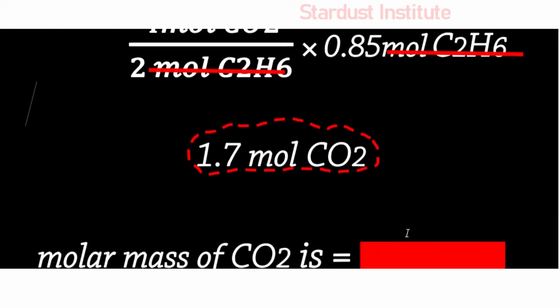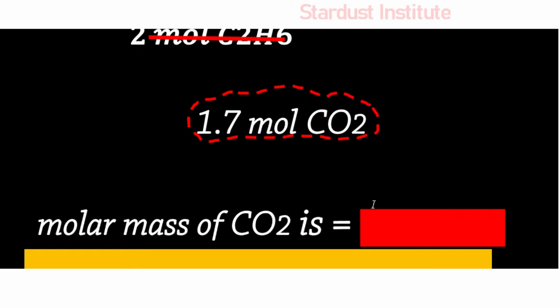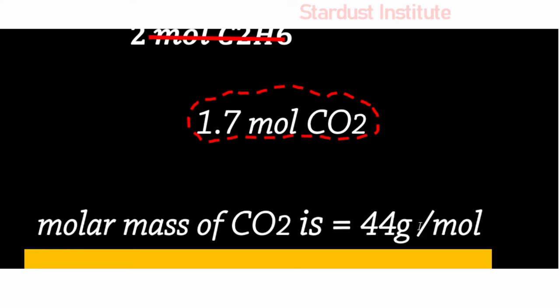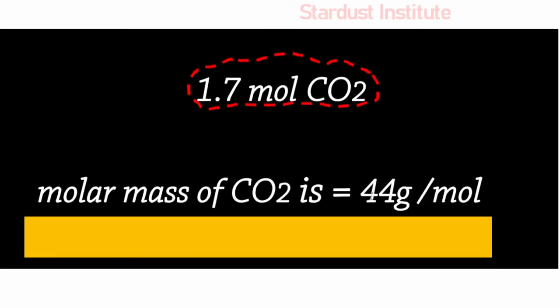What's the molar mass of carbon dioxide? 1 carbon and 2 oxygen. Carbon 12, 2 oxygens, 16, 16, 32, plus 12, 44. Molar mass of carbon dioxide is 44 grams per mole.